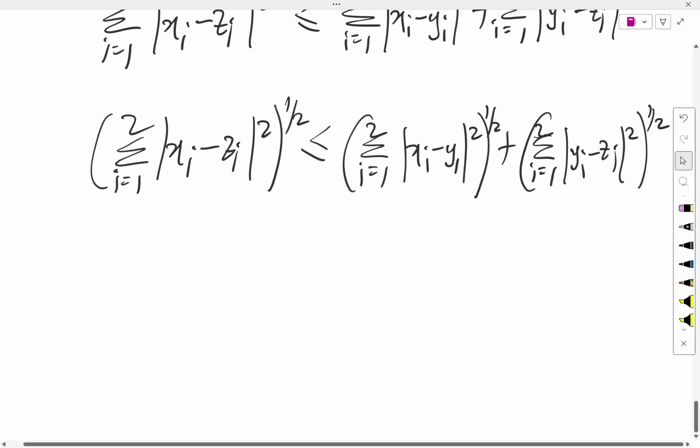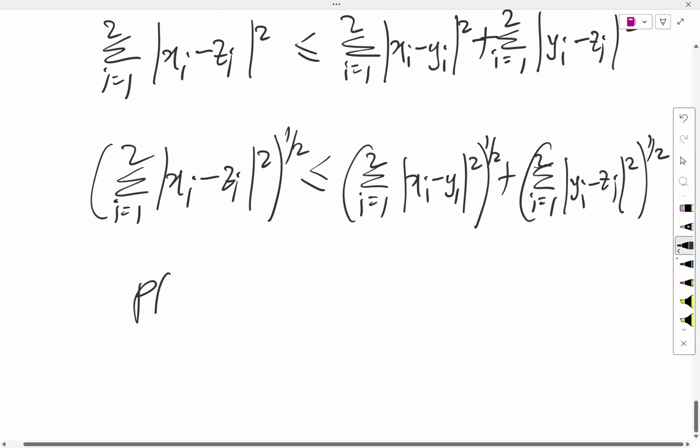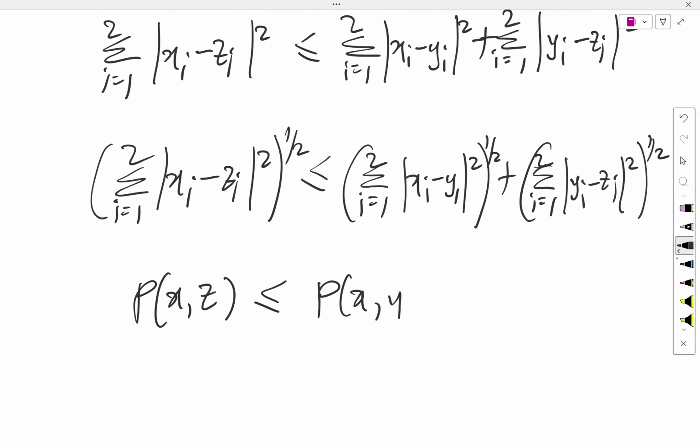So now we have everything sorted. It means that P of xz, by the definition we started with, is less than or equal to P of xy plus P of yz. And then triangle inequality is taken care of for that question.